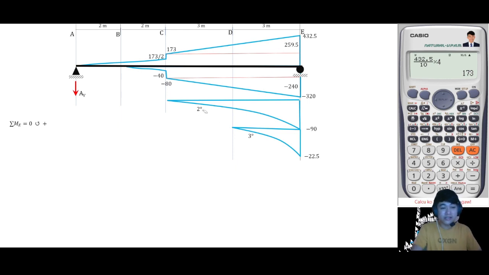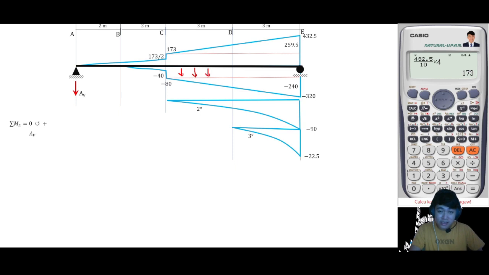So let's now sum moment. You can use clockwise or counterclockwise as positive, it's up to you. For now, I'll use counterclockwise as positive. Let's just put here the directions of the forces.